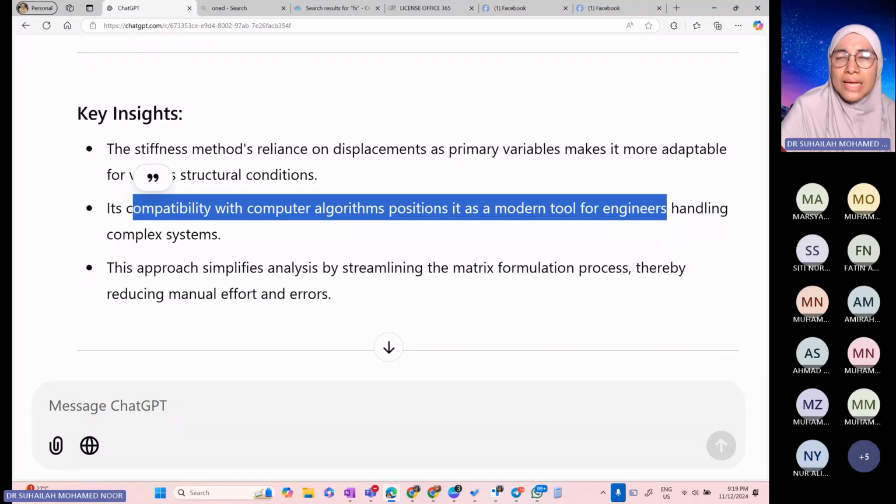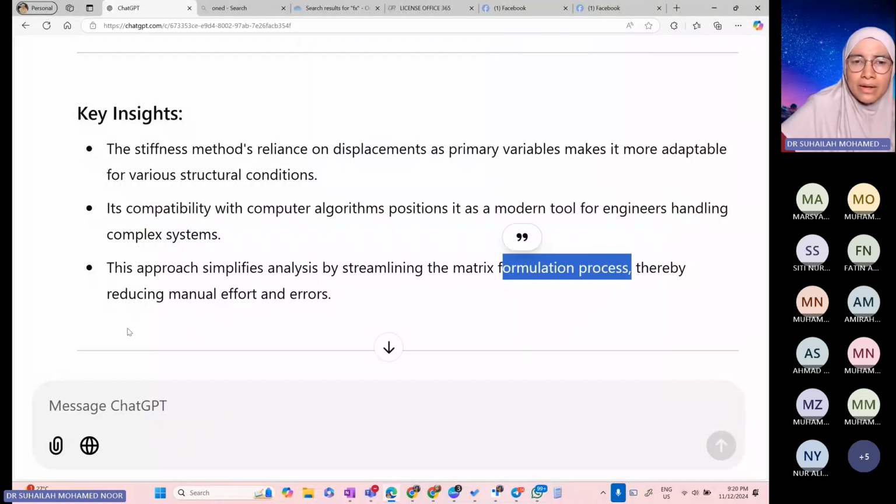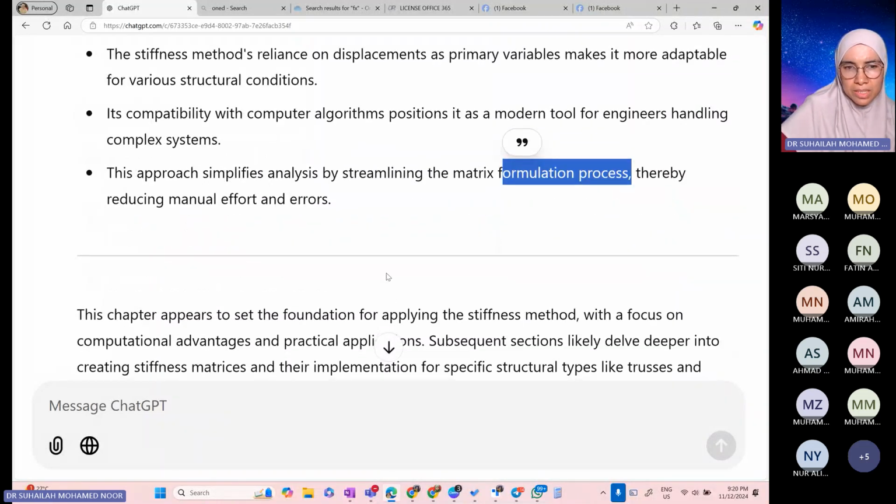Whenever the unknown displacement is more than 3, at that time we cannot calculate using manual calculation, then we can use software, we can use programming to solve for the displacement, for the unknown. Okay, the approach simplifies analysis by streamlining the matrix formulation, thereby reducing manual effort and errors.